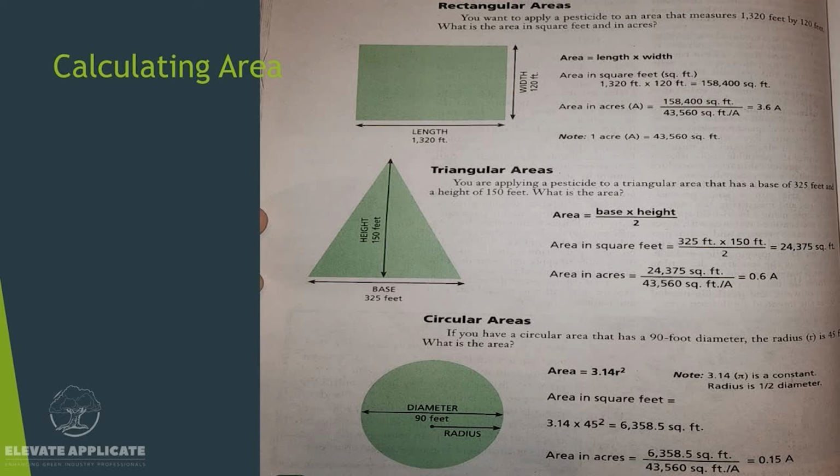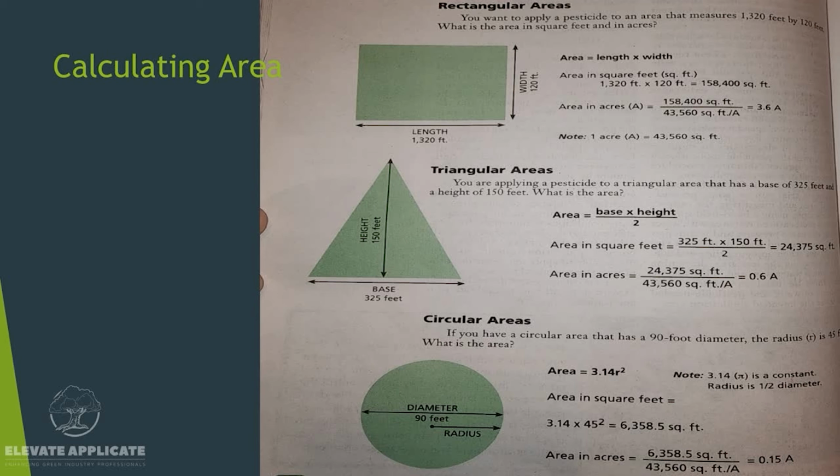So we take 325 times 150, and we divide that by 2, and we get 24,375 square feet. Now, if we want to convert that into acres, it's still the same thing. We take that 24,375 square feet, and we divide it by 43,560 square feet. And we come up with 0.6 acres.